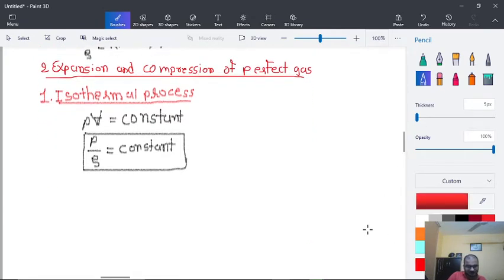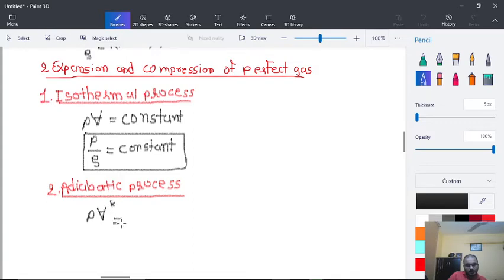Second is adiabatic process. In case of adiabatic process, the equation is PV raised to K equal to constant, where K is ratio of specific heats Cp by Cv.